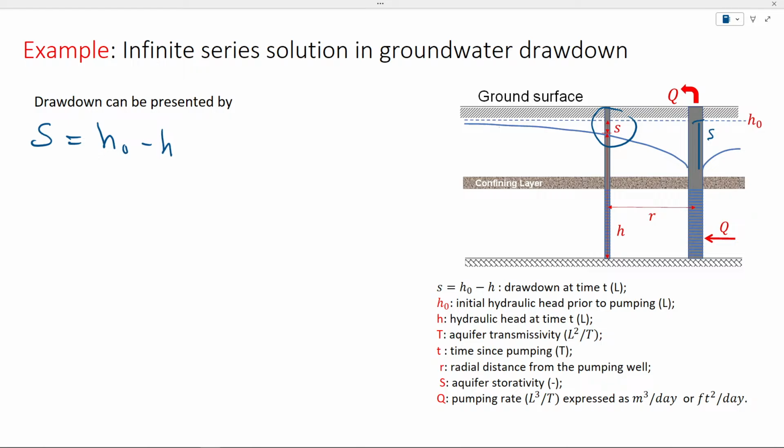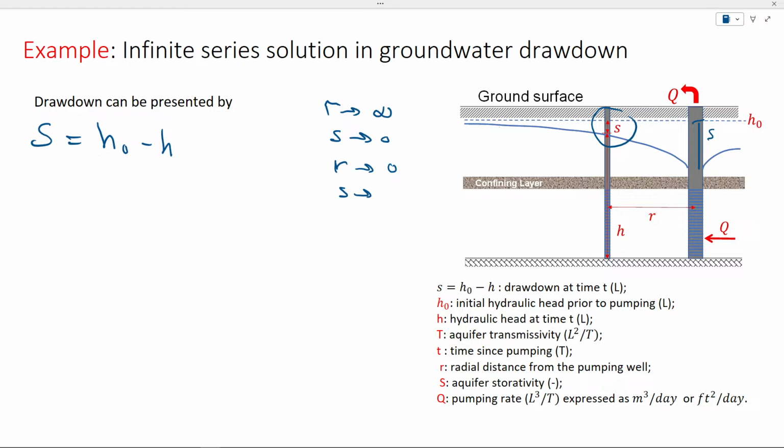It drops most close to the well and not far away. This is r, how far you are. As r approaches infinity, s approaches zero; drawdown is zero. As r approaches zero, that's where you get the maximum drawdown.